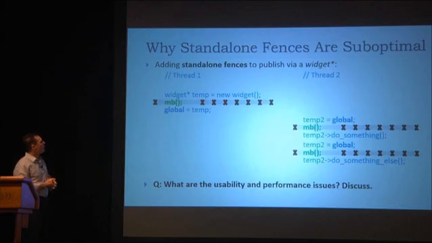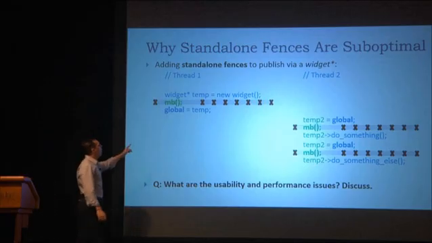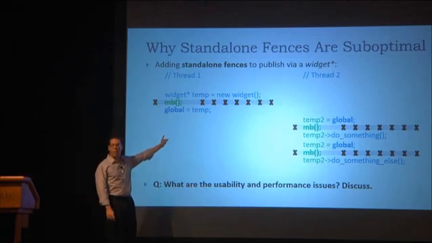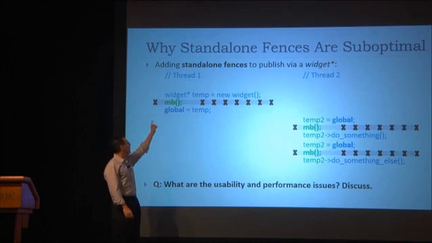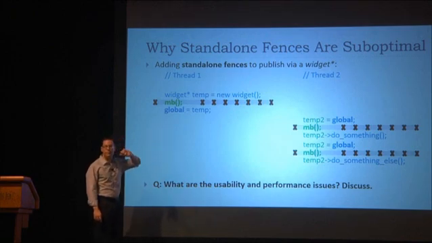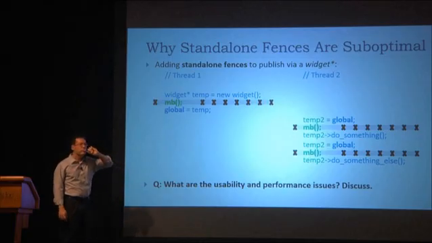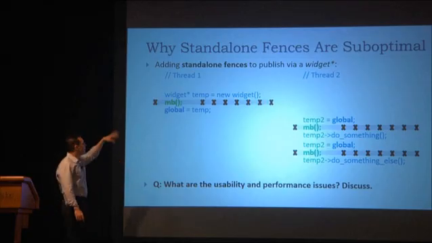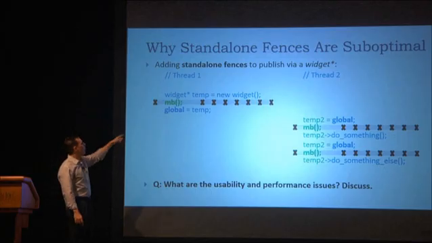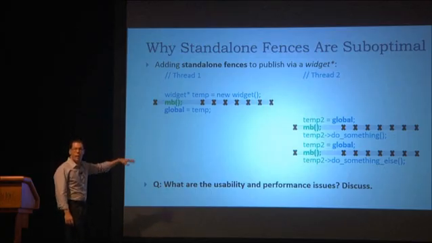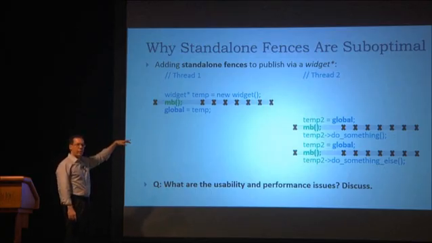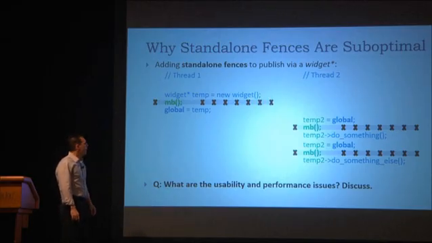Imagine that you inserted a full memory barrier in thread 1 before the write to global. If I write this full barrier here, this guarantees you what? Nothing moves either way. So in particular, by the time I write temp to global, all of the other operations that I did in this thread will have been seen to occur, okay?